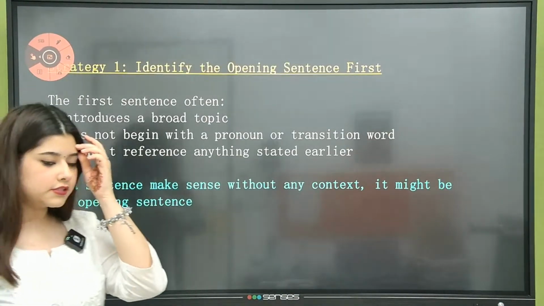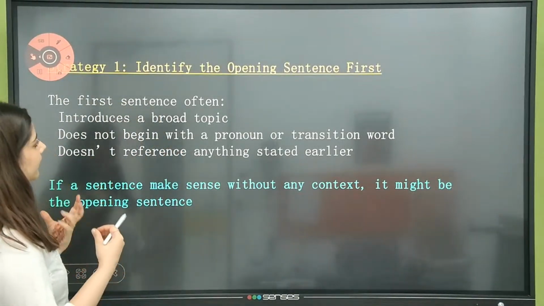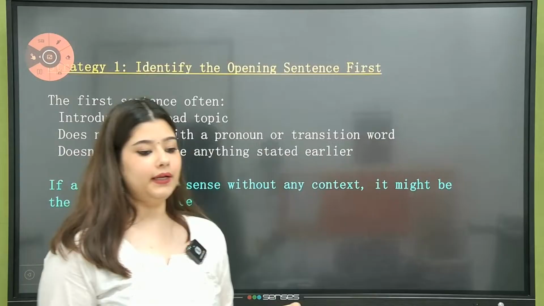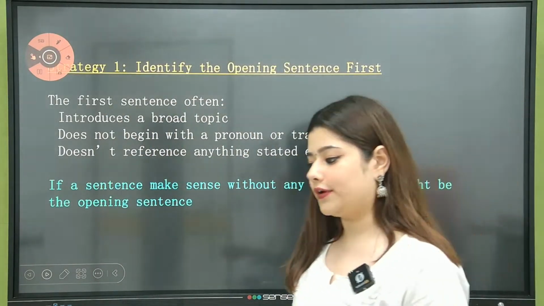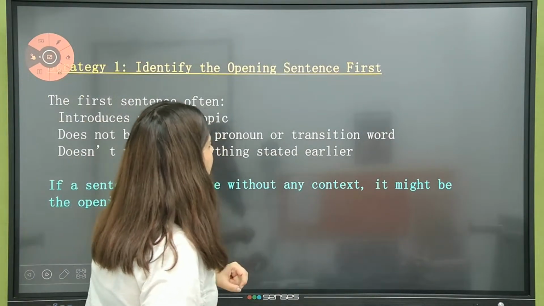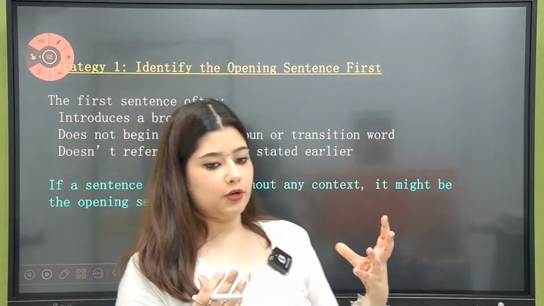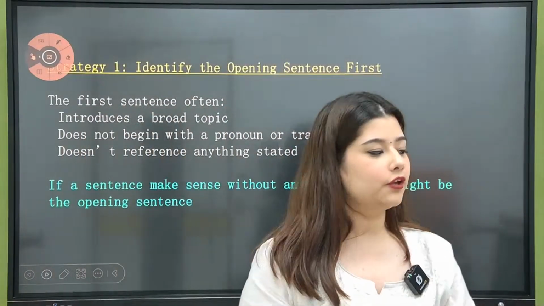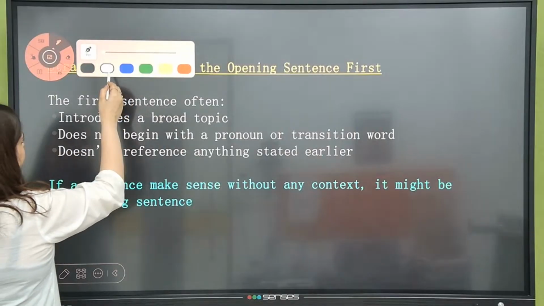So, the first thing that we need to keep in mind is to identify our opening statement and identify our concluding statement as well, right? When we look at an opening statement, or a statement that should introduce a particular topic, it should be general, right?